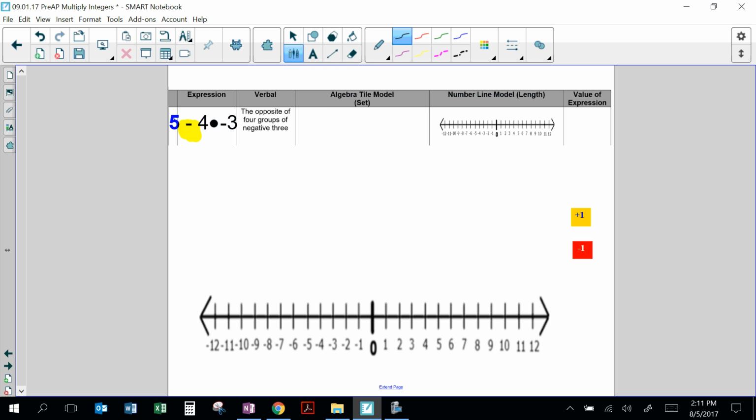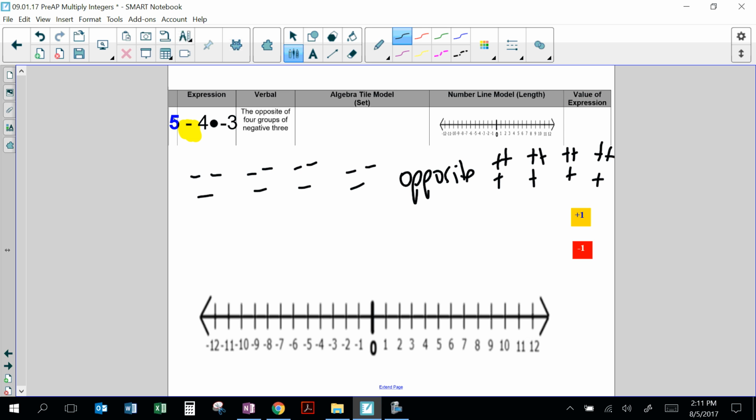Opposite of 4 groups of -3. So opposite of 4 groups of -3 is +3, +3, +3, +3, so it's 12.